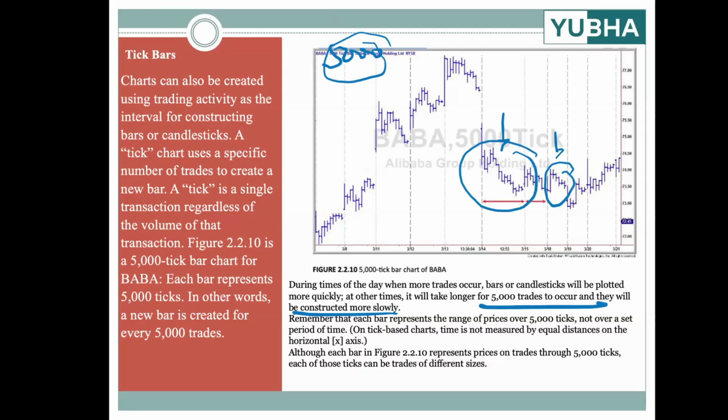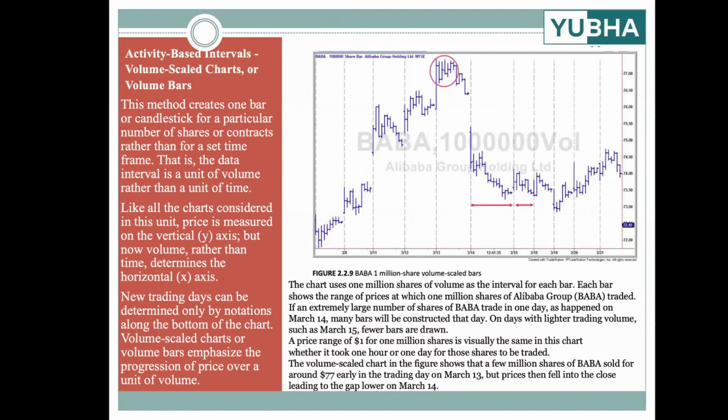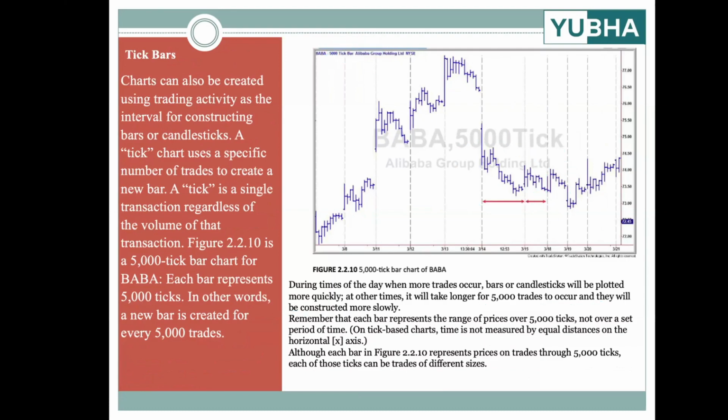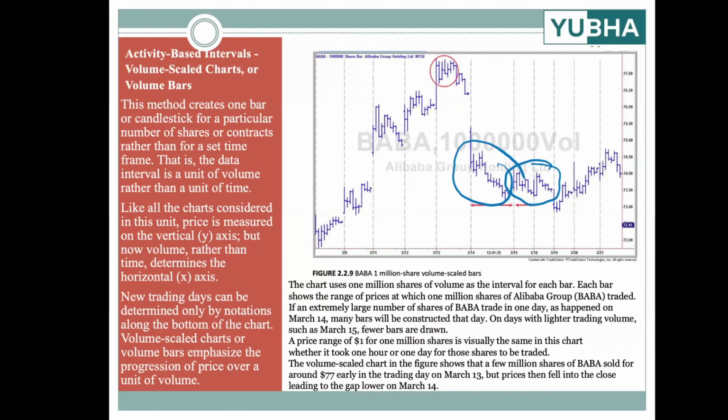That kind of corresponds to what we're seeing even in terms of volume. In most cases it will be similar because the average volume per trade usually remains the same for different stocks. But what you're seeing over here is one being a tick chart, which is 5,000 ticks, and the other being a volume chart, which is volume of a million shares.